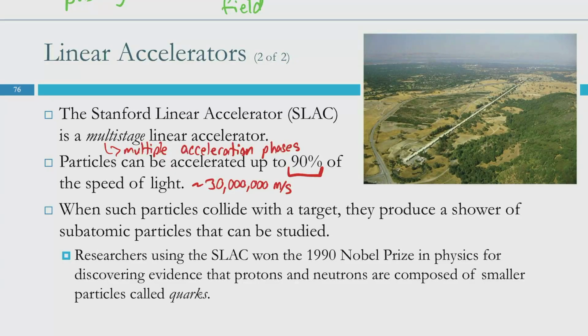All right, so the miles per hour equivalent, to give you an idea, is 67 million miles per hour. So that's the sort of speed that we're talking about, unfathomably large amount of speed.